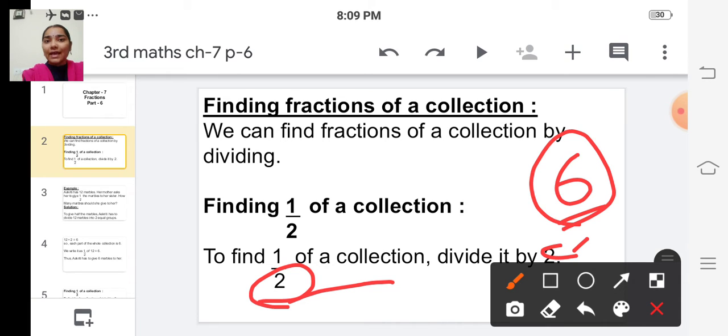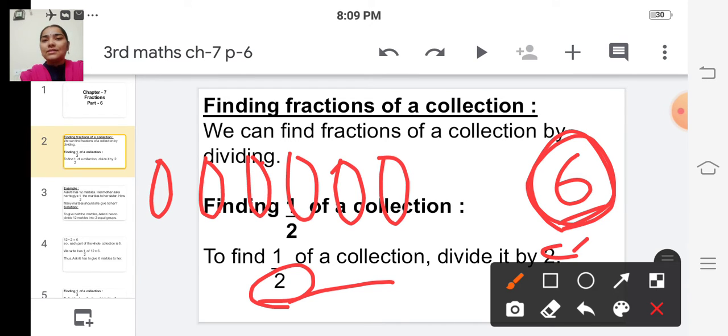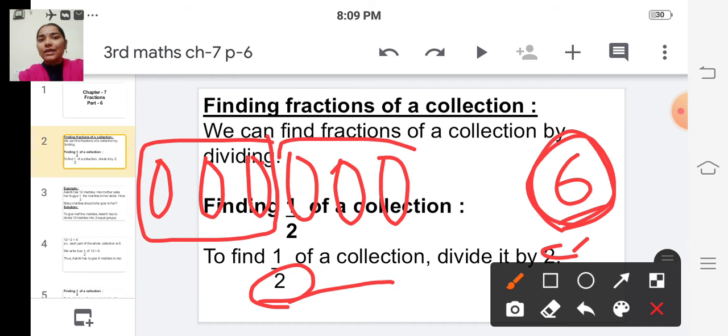If you want to share half of these 6 chocolates with your friend, then what will you do? Assume 1, 2, 3, 4, 5, 6 chocolates. You will take 3 chocolates and give the other 3 chocolates to your friend, isn't it?